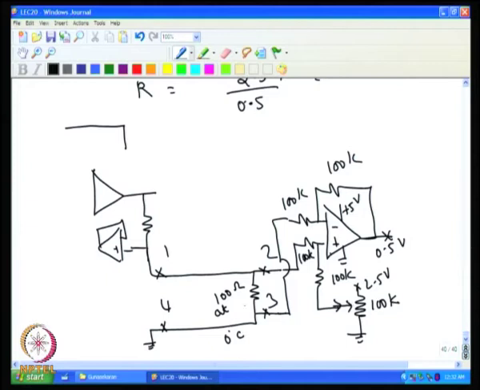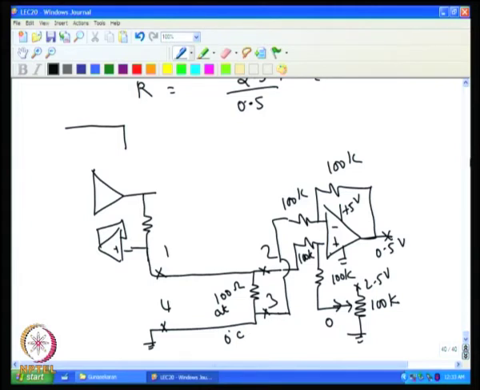For example, if the difference is 0.5 volt here, because this is 0, this will be 0.5, and if this is kept at 0, then you will get 0.5 volt. If I keep this at 1 volt, then the output will also be added to 1 volt.